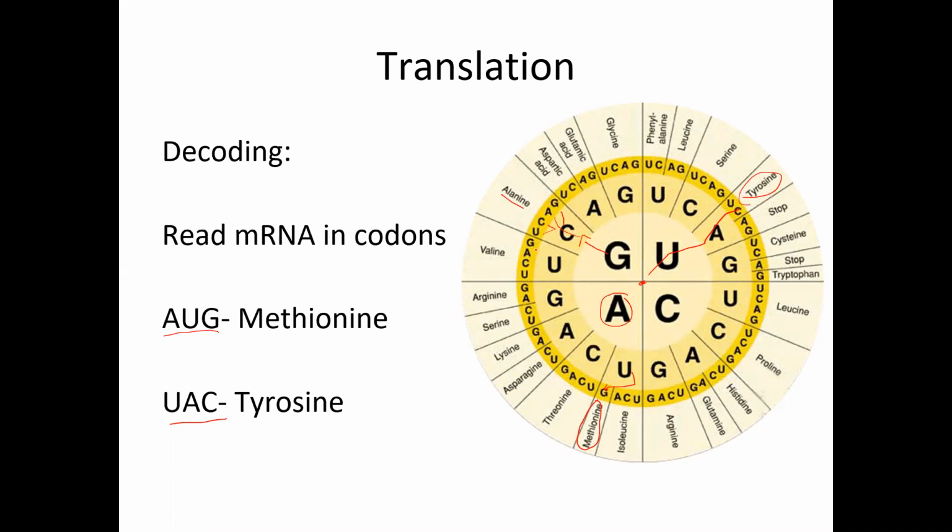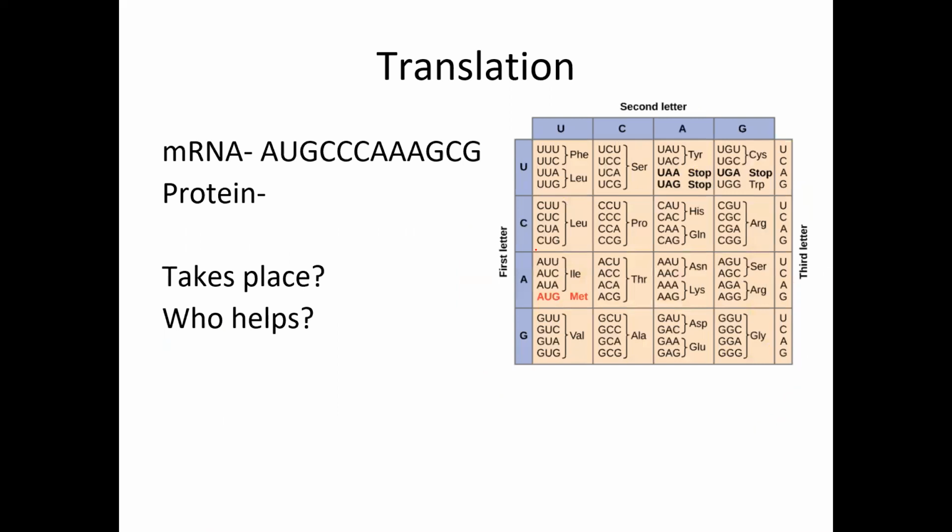Okay, not every chart looks like this, so I wanted to make sure I switched it up. So we'll do a practice one together here, and we're going to use a slightly different looking chart. This one, you'd pick the first letter here, which tells you the row that you're going to be in. The second letter up here tells you which column, and then you bring them together and find the intersection point.